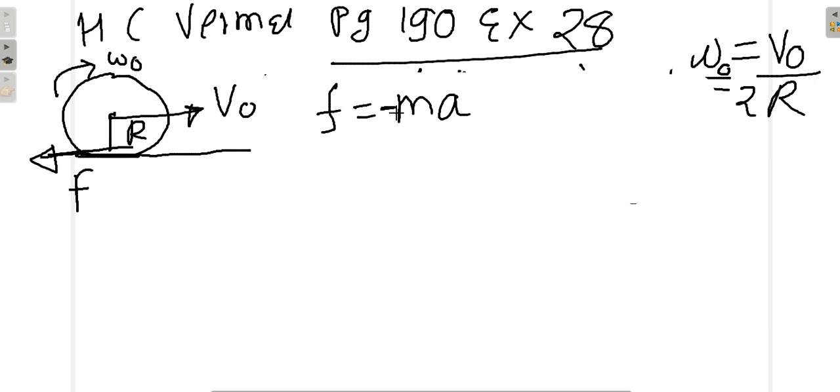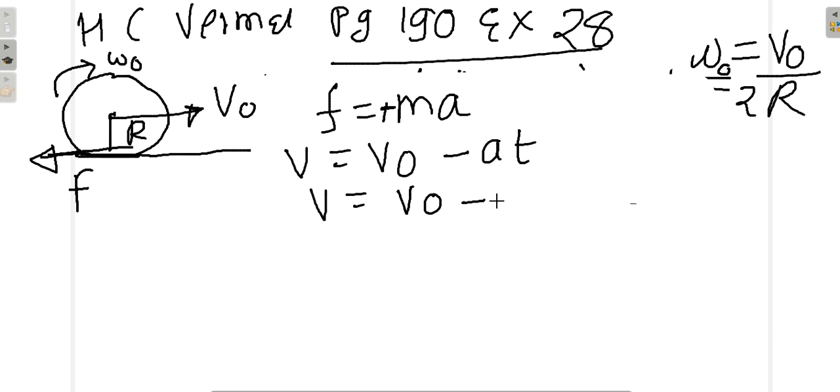Or you can say F is equal to ma and you can take a negative value of acceleration. So let us say v equal to v naught minus at. That gives me v is equal to v naught minus, what is a here? a is F upon m into t. That is the first equation.